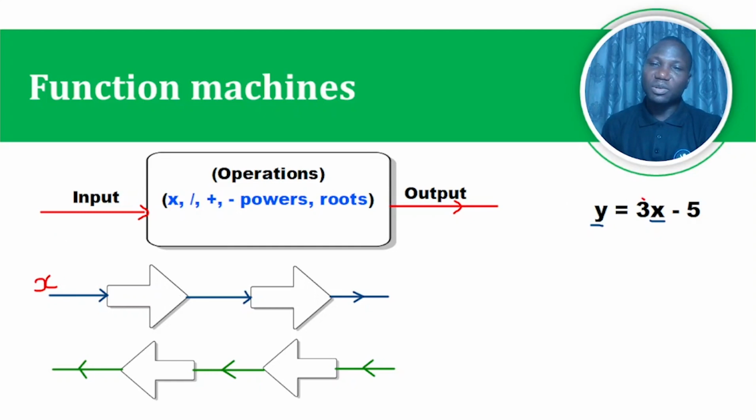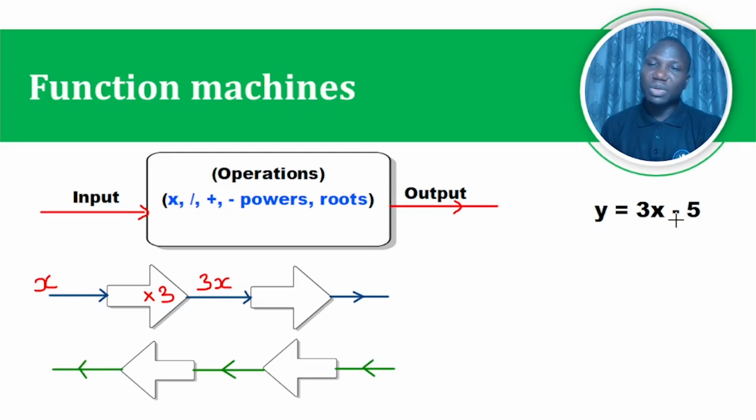If you observe closely here, the x has been multiplied by 3. That means that the function of this first machine is to times the x by 3. Therefore, what will come out of this first machine is going to be 3x, that is 3 times x.